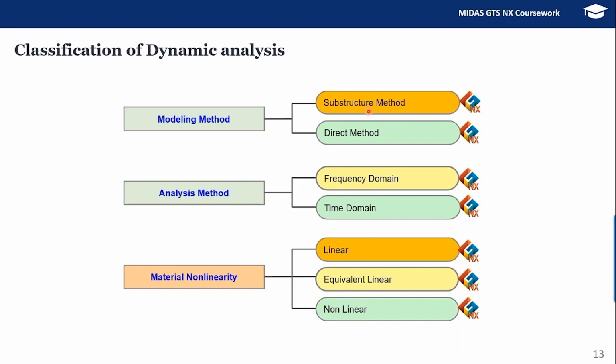The springs can be linear springs or multilinear springs and so on. You can define them, but it's always better to go for structural software, as GTS NX doesn't have any codal provisions for building design or bridge design.